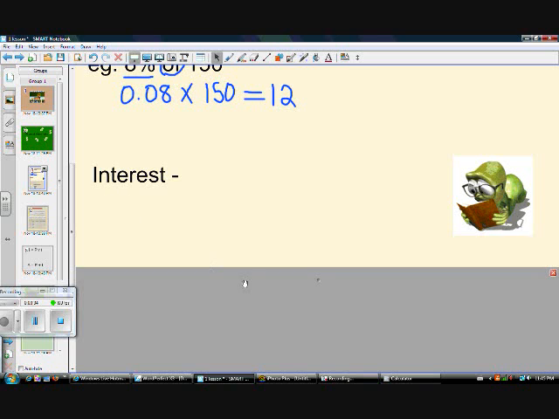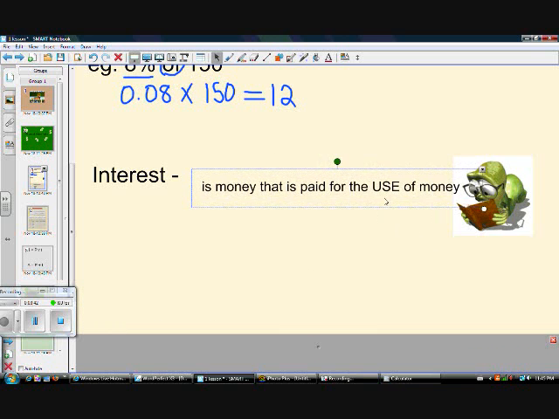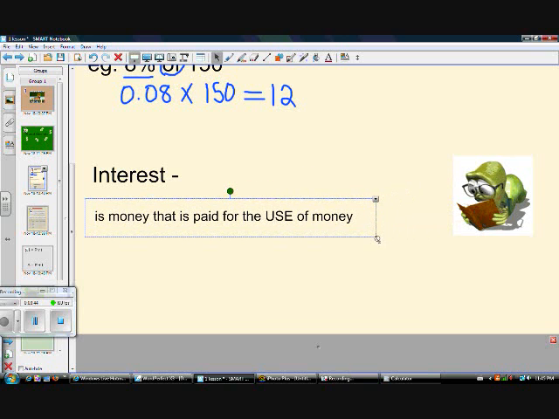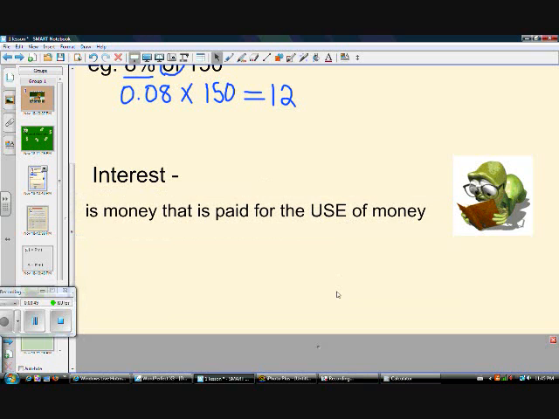But in each case, what interest really is, is they are paying you money for the use of money. So for me using your money, I'm going to pay you some money. Or if I borrow money from you, I'm going to have to pay you some more money for me using that money. So that's what interest really is. It's a fee that we all pay for the use of money.